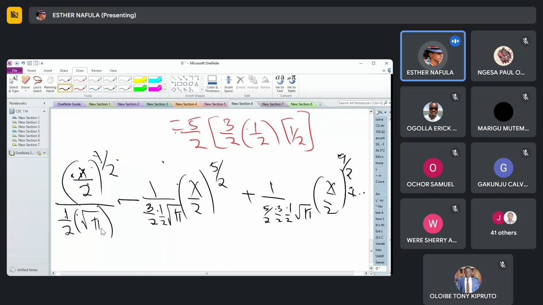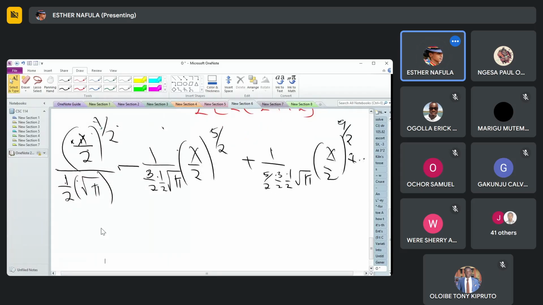What is common between a half, 5 over 2, and 9 over 2? It has to be a half. I'm trying to factor out what is common in the numerator. x over 2 raised to power half is common. If we factor this out, what do we have inside?